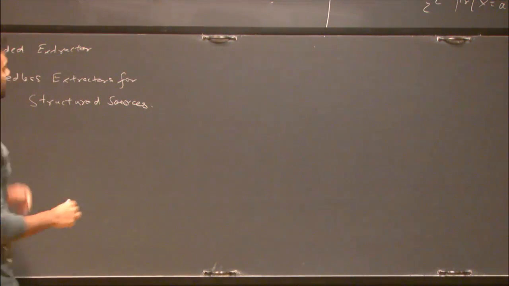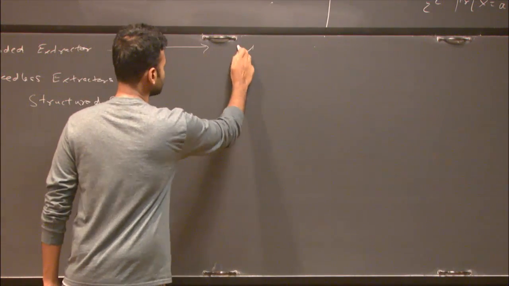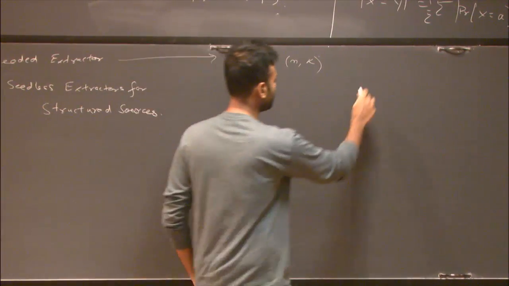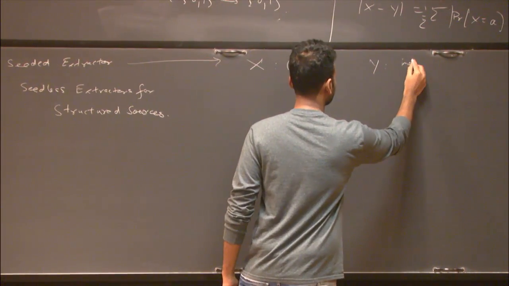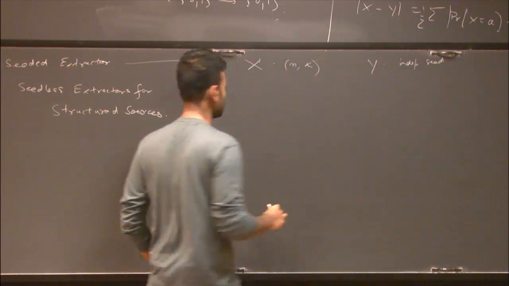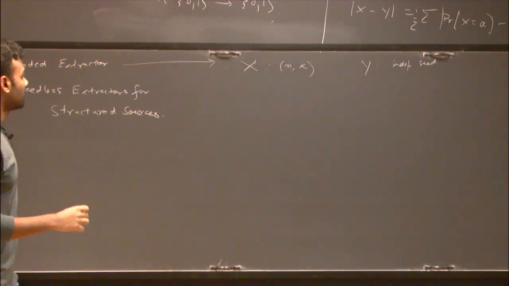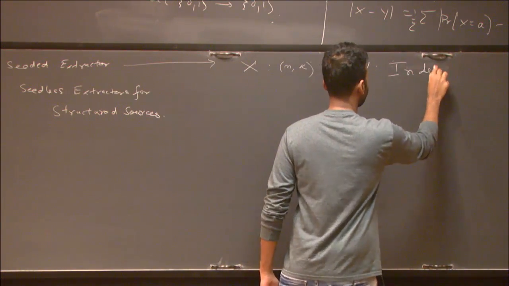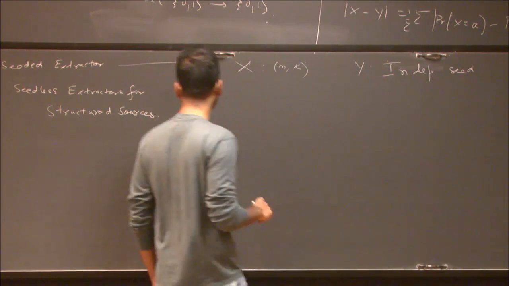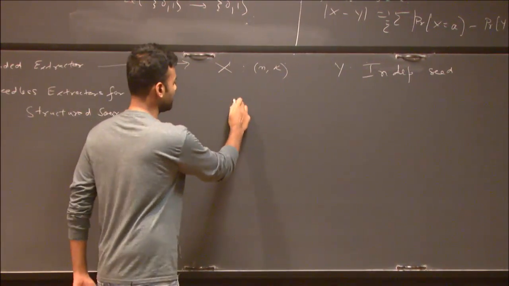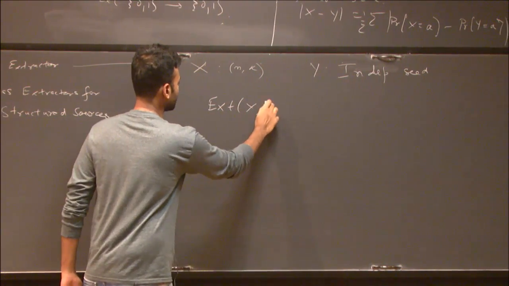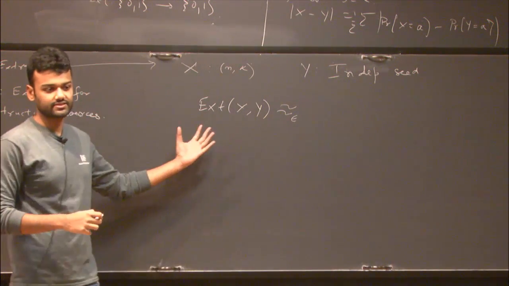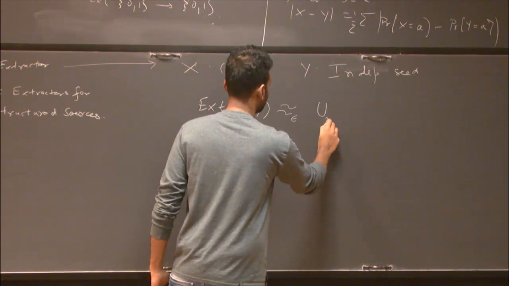So a seeded extractor is where you have a source X, which is (n, k), and now you have an additional independent seed Y. And the guarantee that you would want is that the output of the extractor is close in statistical distance to uniform.